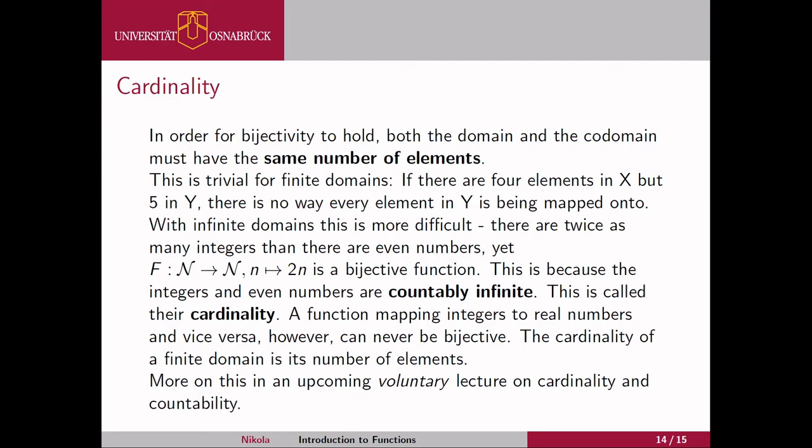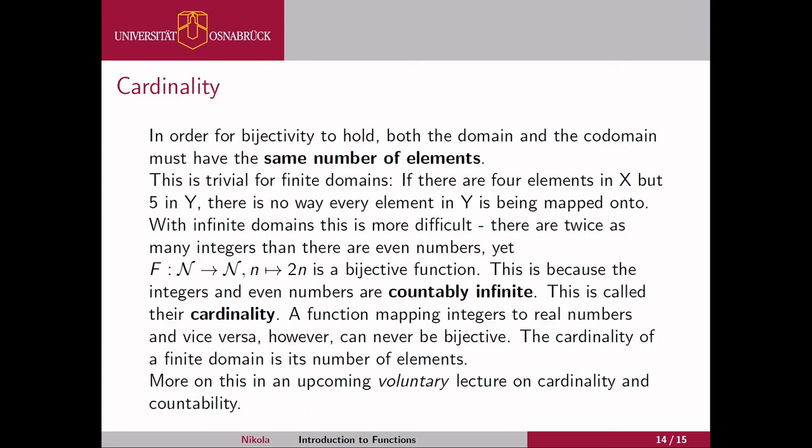I will talk more about this in an upcoming voluntary lecture on cardinality and countability. But for now, the intuition you should go with is that if something is infinite, but you can assign an index to every single number, it is countably infinite. The mathematical notion is that, of course, there's twice as many integers than there's even numbers, but for every single integer there is, no matter how large it is, you can just multiply it by 2 and get an even number, and for every even number, you can divide it by 2 and get another integer.